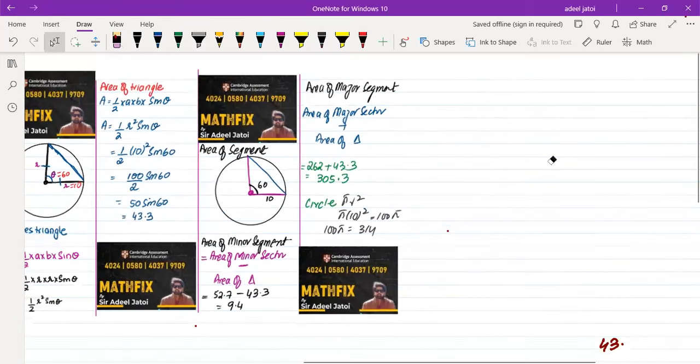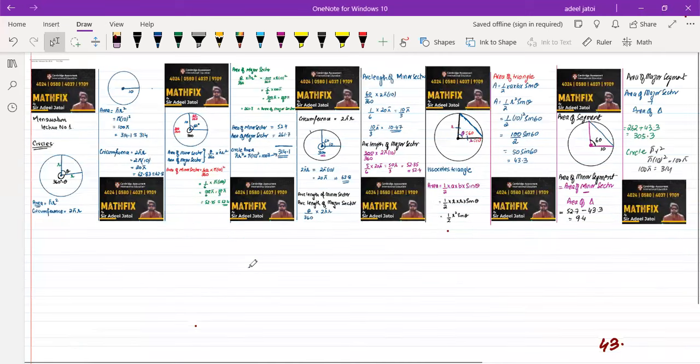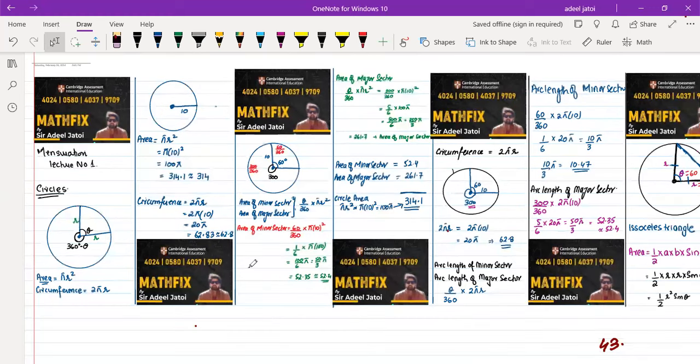The area of the minor segment was 9.4 and the area of the major segment was 305.3. If we add these two values, we again get close to 314.